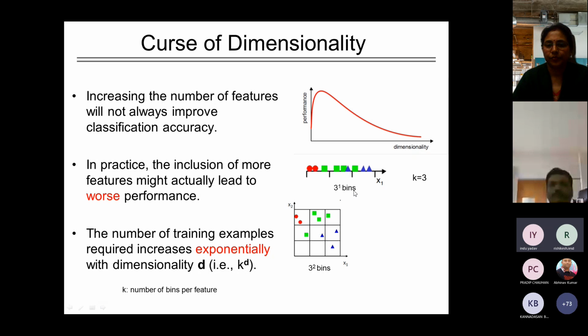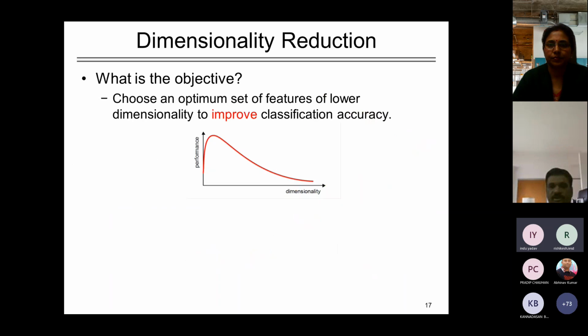Here you can see 3 raised to the power 1 bins, k is equal to 3, 3 power 2, 3 power 3. So what is the objective? Choose an optimum set of features of lower dimensionality to improve the classification accuracy. Here is the performance and here is the dimensionality.